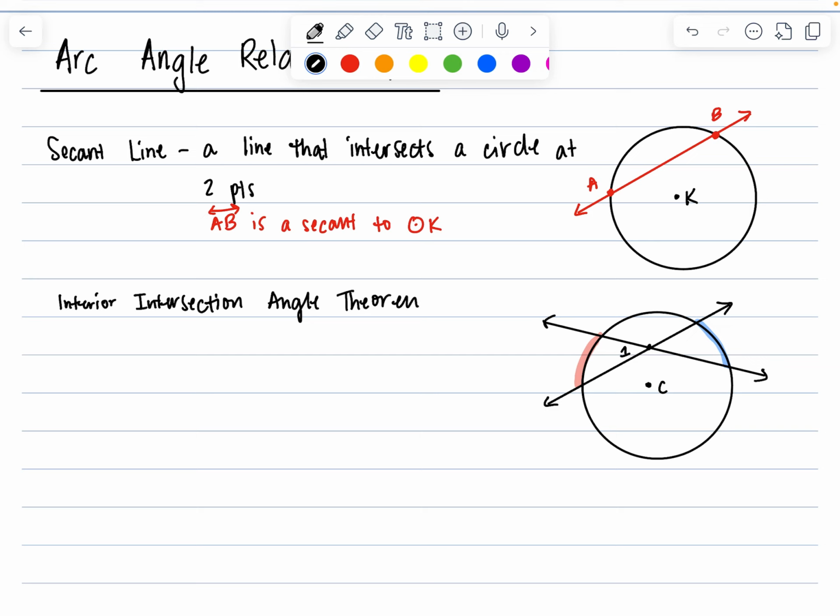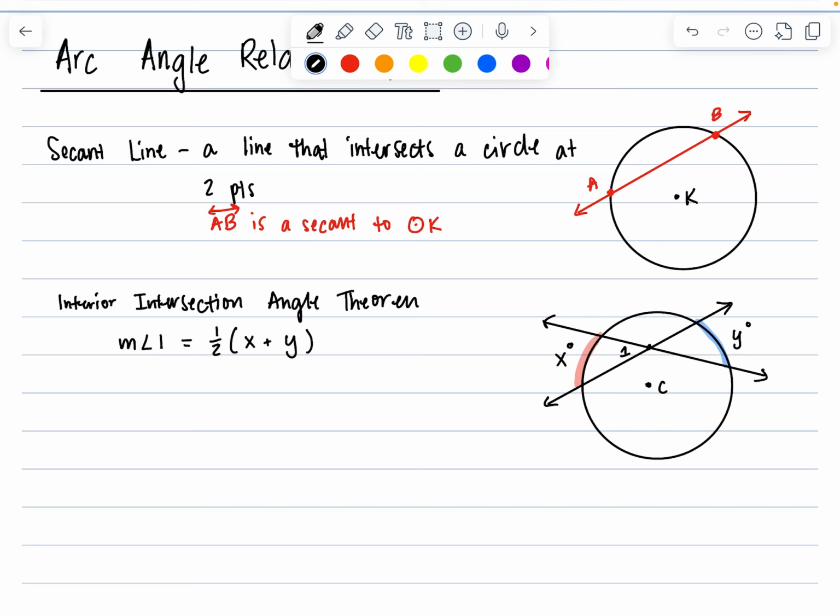What it states is the measure of angle 1 is going to be equal to, and for this red one, I'm going to put x degrees. For this blue one, I'm going to put y degrees. And it is the sum of those two arcs times 1/2. So 1/2 times the arc measure of x plus y.